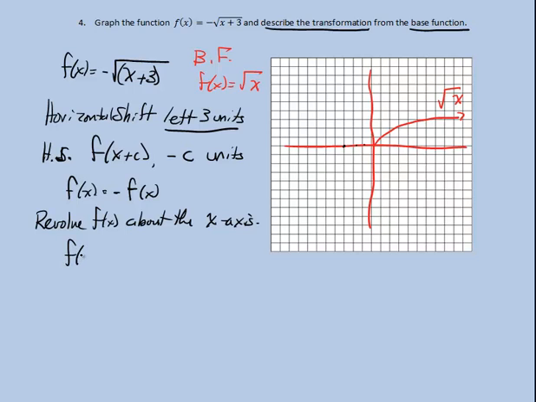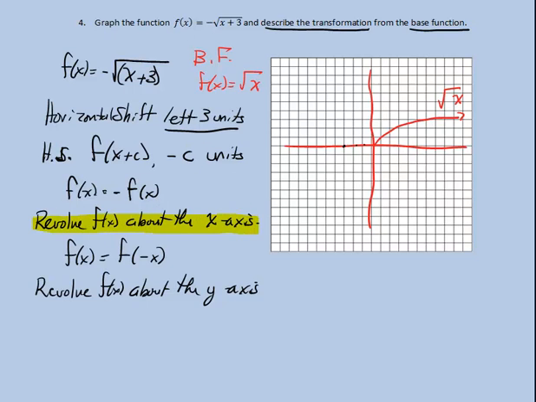If we were to negate just our variable x, we would revolve f of x about the y-axis. So in this circumstance, we're going to revolve about the x-axis. We have to revolve around the x-axis because we have just negated our entire function.